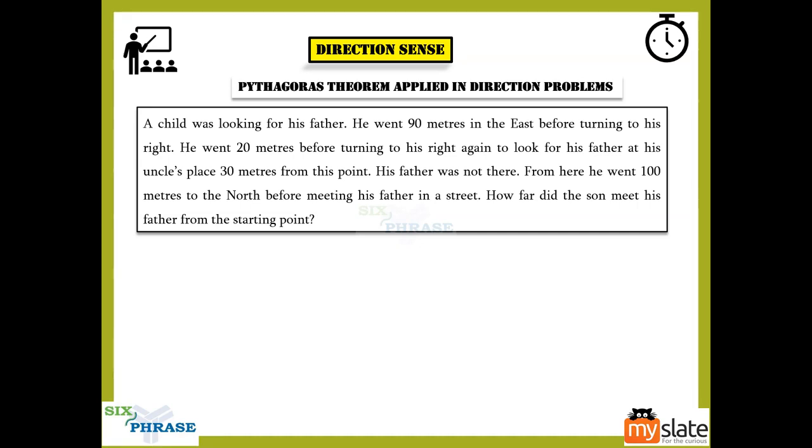Now, two things that you must remember. First, if you've attended the blood relations lecture, I suppose you understand how important it is to represent the given words in diagrams. It makes problem solving easier. Similarly, you will have to represent whatever is given in words in a diagrammatic format.